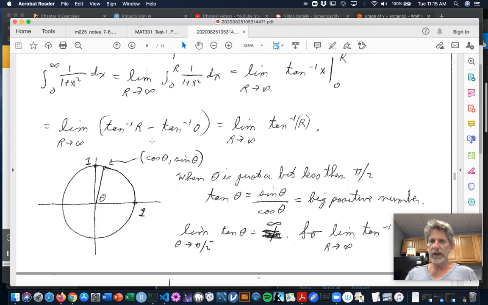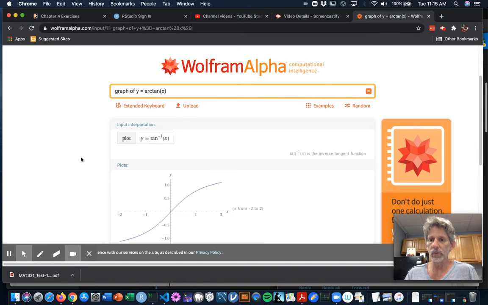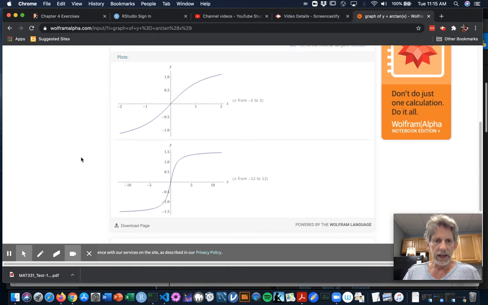So there's a couple of ways to think about this. One is you could just go and look at a graph of inverse tangent. So I went to Wolfram Alpha and asked for a graph of y equals arctangent of x, inverse tangent of x. And it gave me a couple of views. I'll use this bottom view here where x ranges from minus 12 to 12.